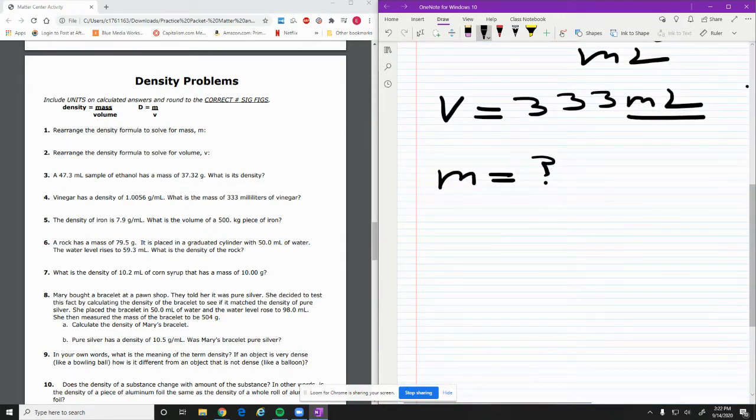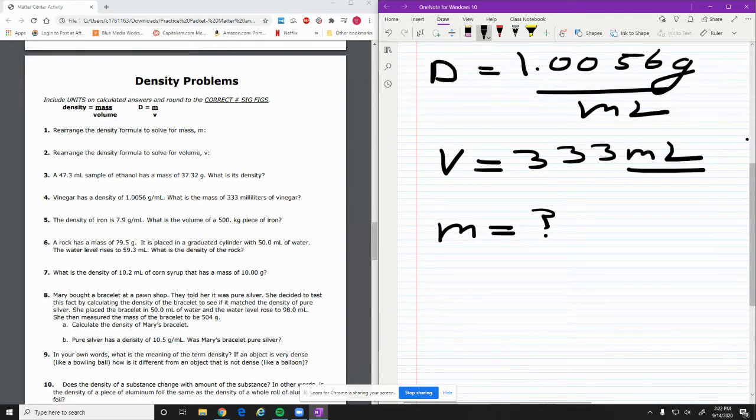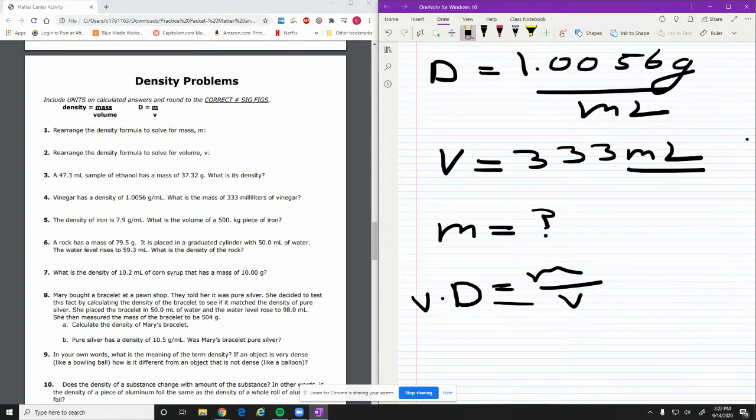Okay, so now that we have our givens, I'll just rearrange the formula to my liking. Density is equal to mass over volume. I want mass by itself, which means I can just cross multiply that V and bring it up there. And then just erase it.